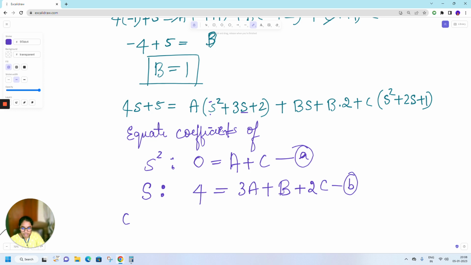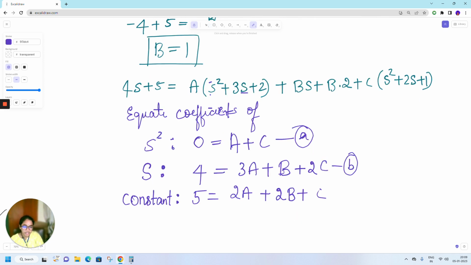What is the final thing? Let me equate the coefficient of constants. What would I get? 5 is equal to 2a plus 2b plus c. Yes, so now I would have to simplify these equations.